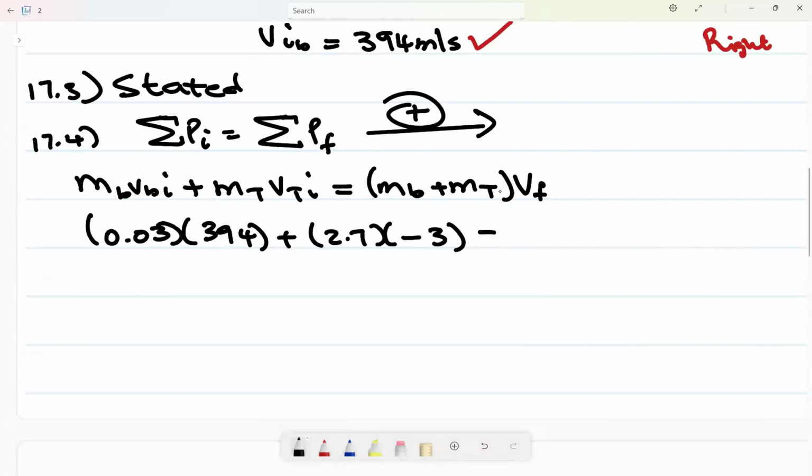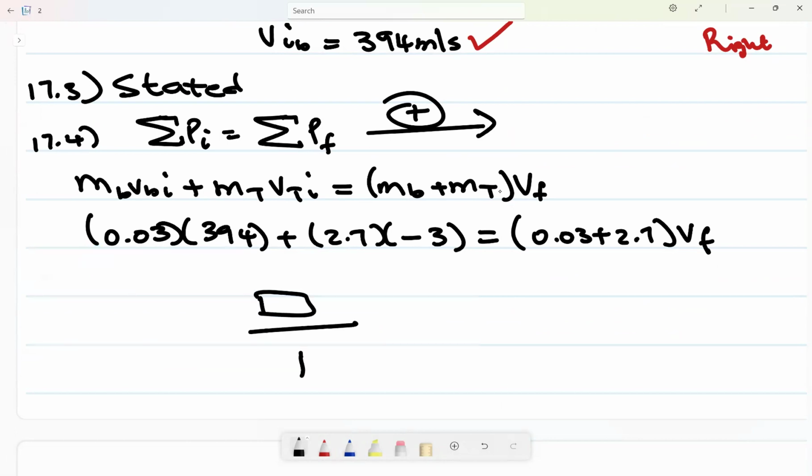Therefore, what is the combination of their mass? It is 0.03 plus 2.7. Then I get something like VF, okay? Then what I want you to do is use your calculator and use the division sign. On the numerator, punch in this part: open bracket 0.03 multiplied by 394, plus open bracket 2.7 multiplied by negative 3.